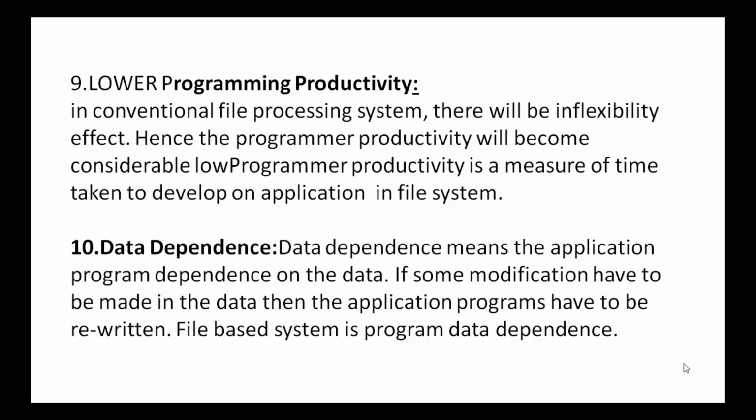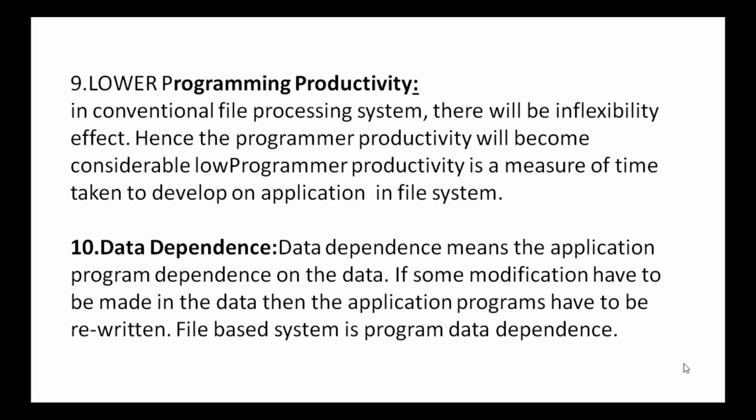And coming to the last one, the 10th one, data dependence. Data dependence means the file based application programs always depend on the data. That means if you want to make any modifications in the data, you need to change the application programs also. Why?